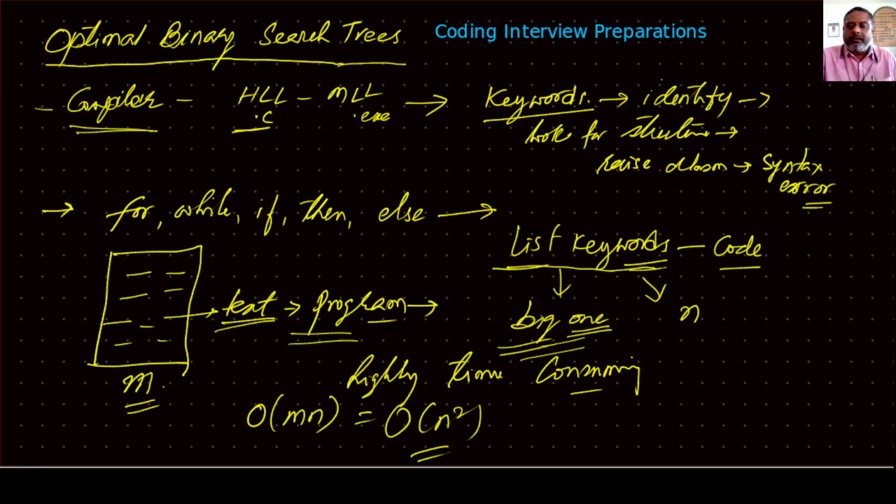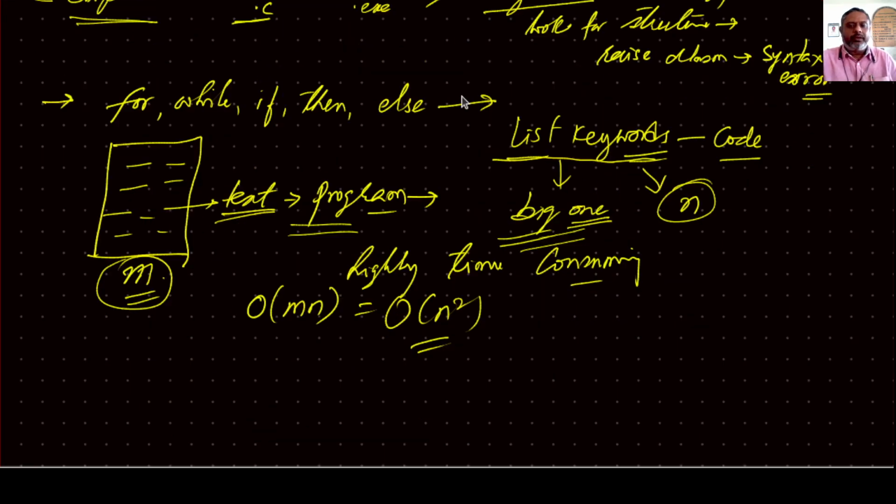It's a little costly affair because n is big in size, m is also big. Therefore, it is highly time consuming. So some way we need to find out to speed up this process. But how?